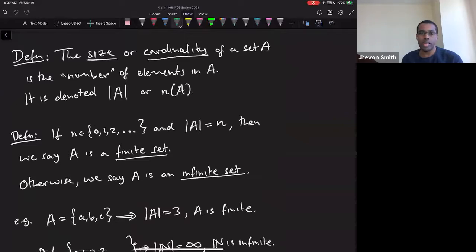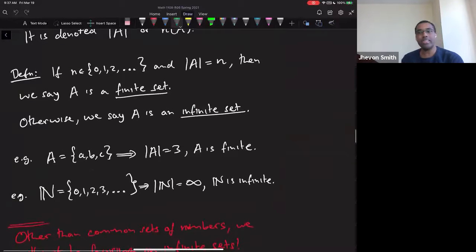We talked about the size of a set, called the cardinality. Basically, it's the number of elements in it. It makes a lot of sense when the set is finite. This means the number of elements in it can be described as 0 or a positive whole number. So I can say there are 0 things in this, or 3 things, or 5 things, or 7, or 11, or a million things, right?